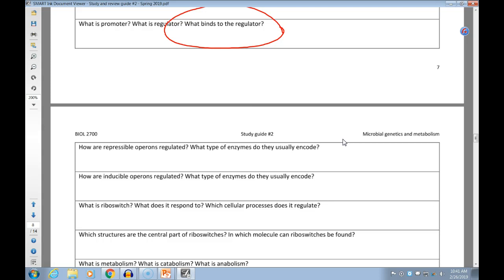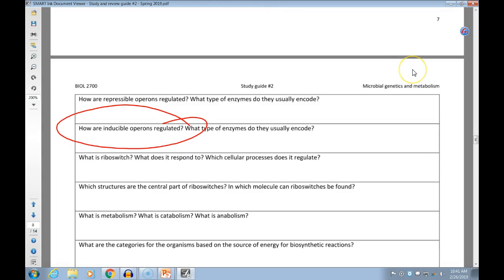In an inducible operon, the substrate of the enzymatic reaction binds to the repressor and allows transcription to occur. In a repressible operon, the product of the enzymatic reaction binds to the repressor and stops transcription.